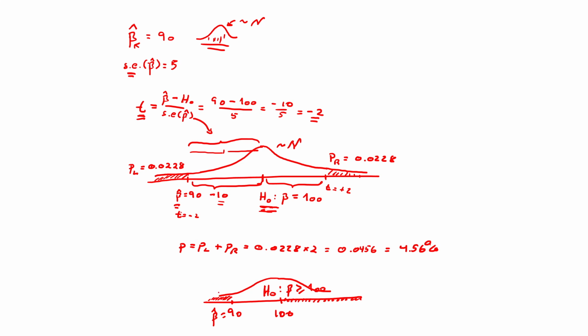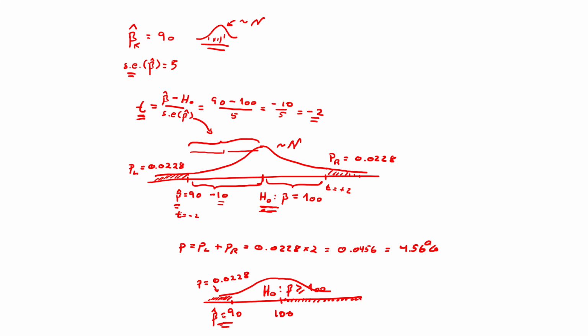Okay, so this would then give you a p-value of 0.0228. So this would be the probability of, at random, getting something more extreme than you actually observed.